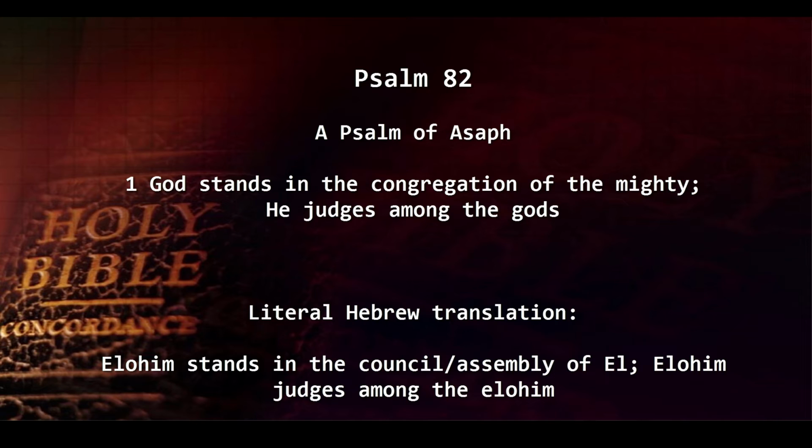Because this judgment is taking place in the council of God. Secondly, it can't be referring to Israelite judges. You know why it can't be referring to the rulers of Israel? Because verse 8 talks about the nations and the world. At no point in history has any Israelite ruler or Israelite judge judged and ruled the nations.